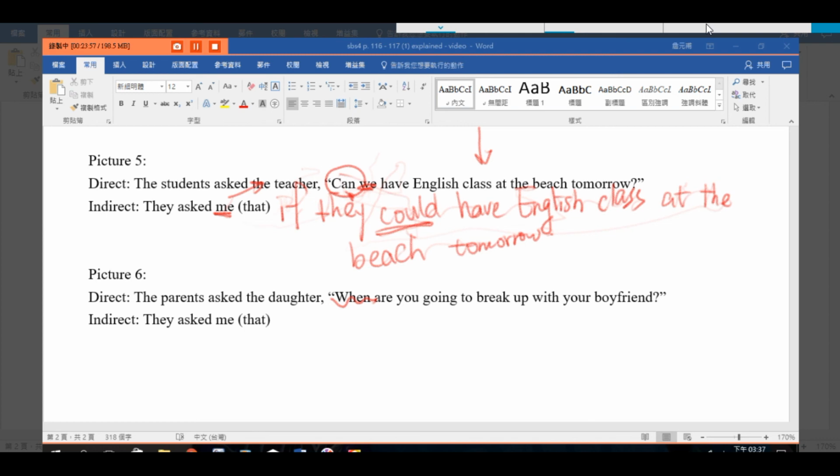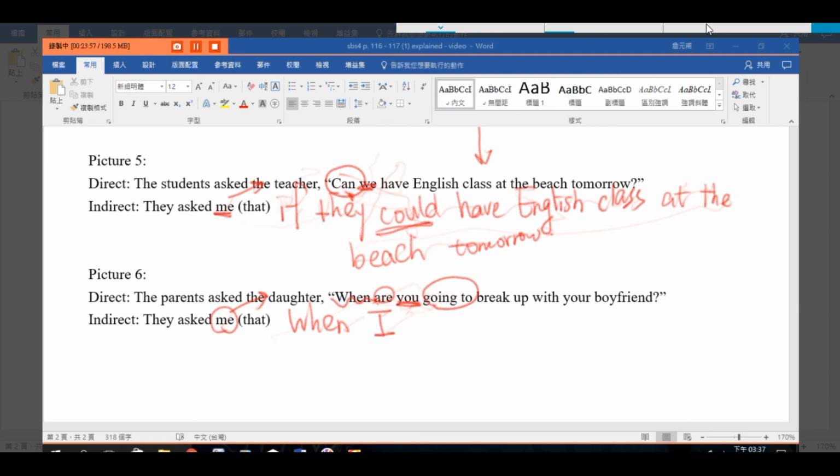So they ask me, meaning the daughter. They ask me, now again, when. All right, it's not you anymore because the daughter is talking about it. So when I. Okay, now be careful with this. This is future tense, be going to, using are. I have to change the tense of the sentence.